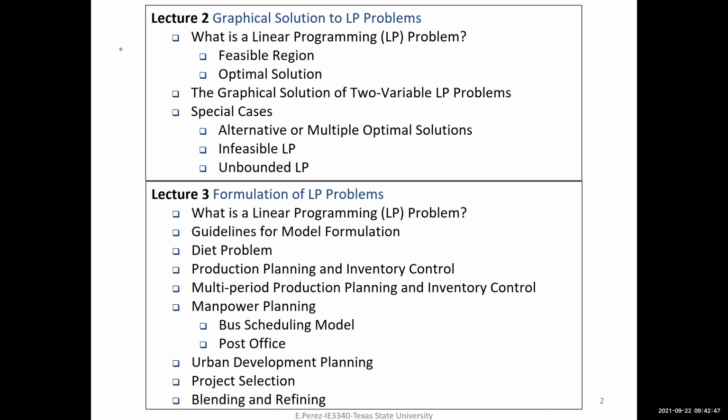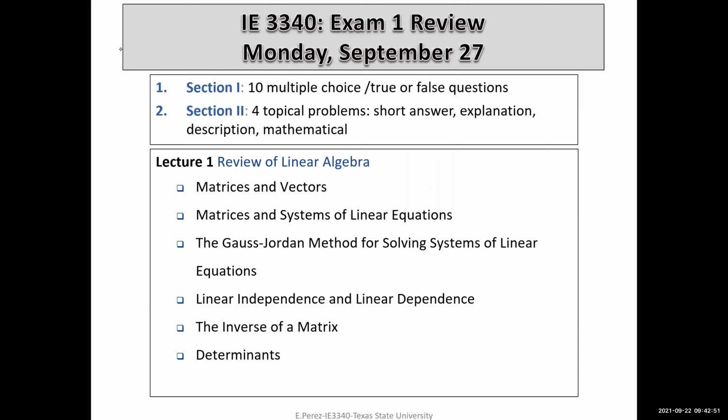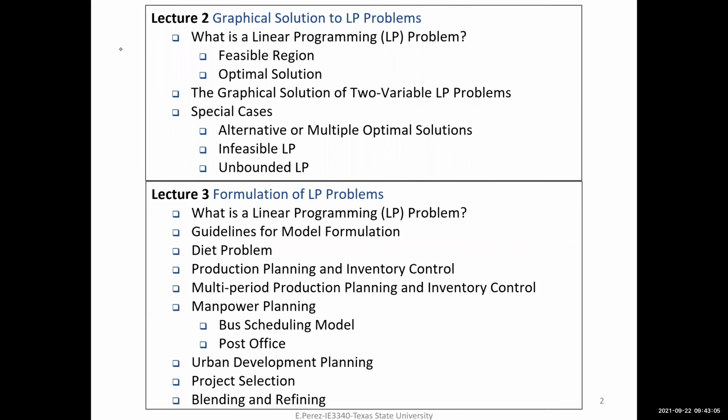We also talk about, using the Gauss-Jordan method, how to identify the different types of solutions. So multiple solutions, unique solution, no solution, unbound solution, those 4 types of solutions. We also can do that with the graphical method.